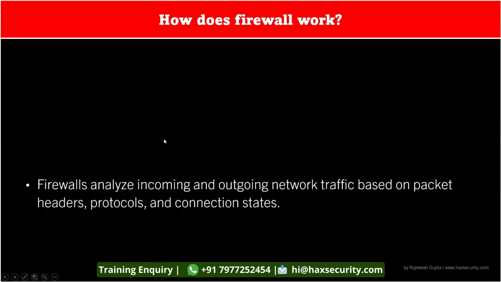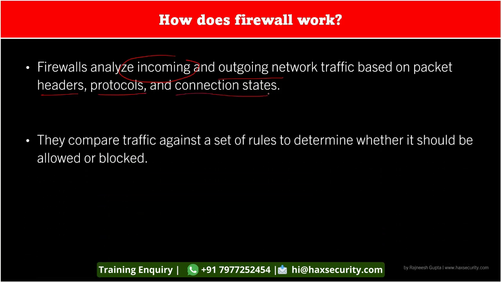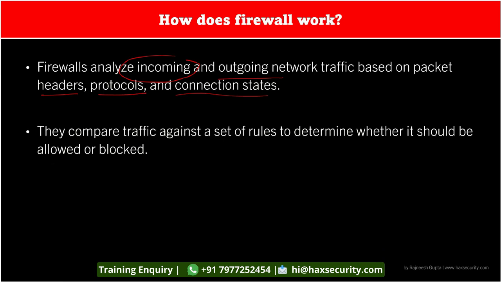So how does a firewall work? It analyzes the outgoing and incoming connections based on packet headers like IP address, protocols, and the connection states. It compares the traffic against a set of rules to determine whether it should be allowed or blocked.